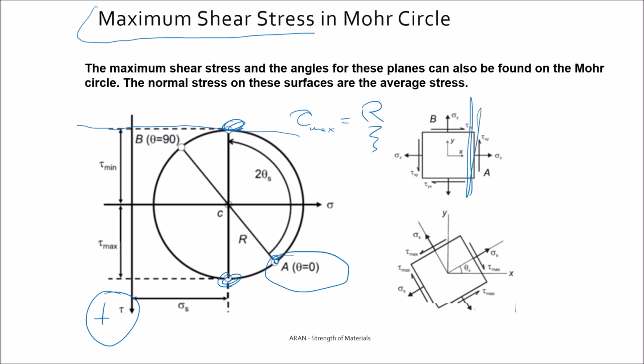So you move by 2 theta and get to the maximum point. And here, when you determine 2 theta on the Mohr circle, half of it, that means theta, is the new orientation for your maximum shear stress plane.